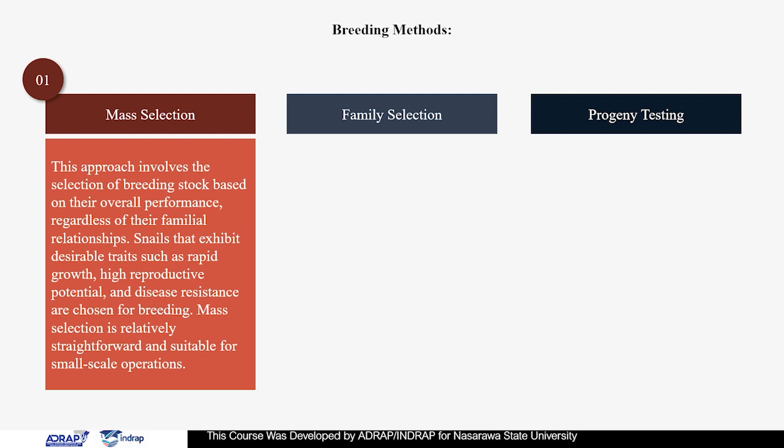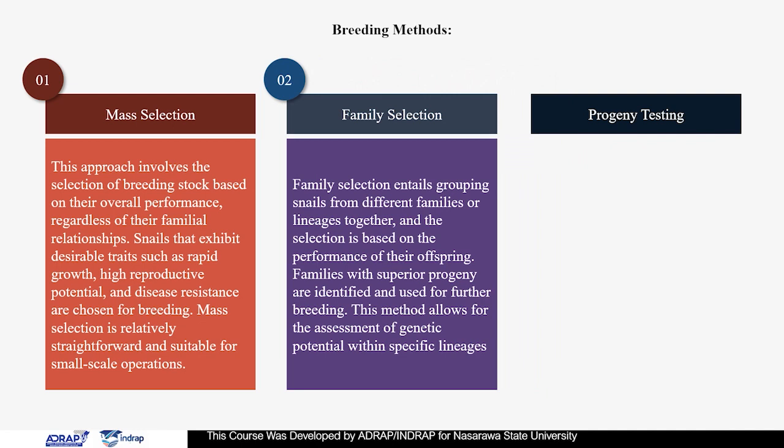Family selection. Family selection entails grouping snails from different families or lineages together, and the selection is based on the performance of their offspring. Families with superior progeny are identified and used for further breeding. This method allows for the assessment of genetic potential within specific lineages.